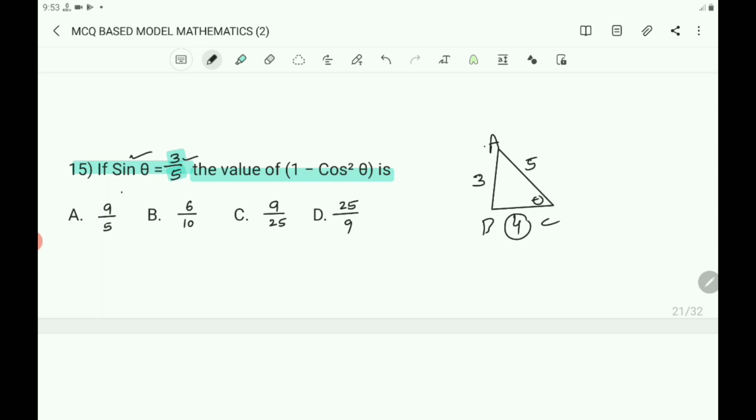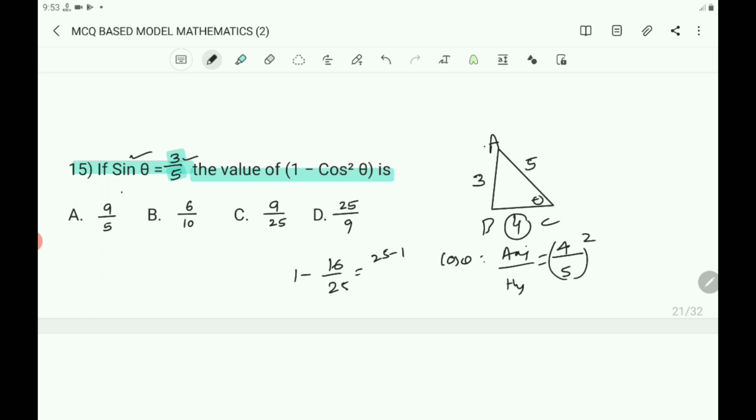4. So now you take the cos theta. Cos theta is equal to adjacent side by hypotenuse, that is BC by AC, 4 by 5 you will get. Then 1 minus cos square theta is 1 minus 4 by 5 whole square, that is 1 minus 16 by 25. Now you take the LCM.